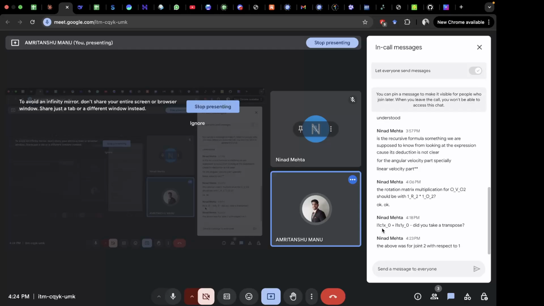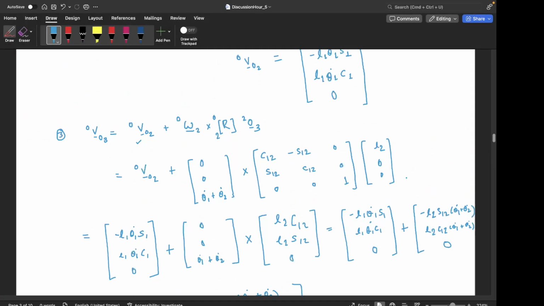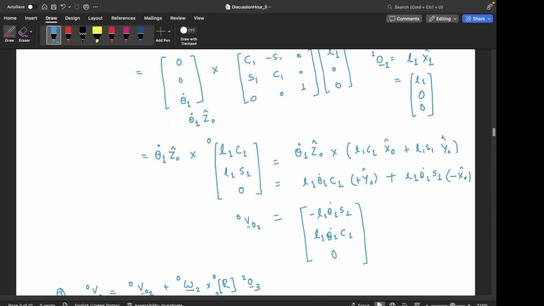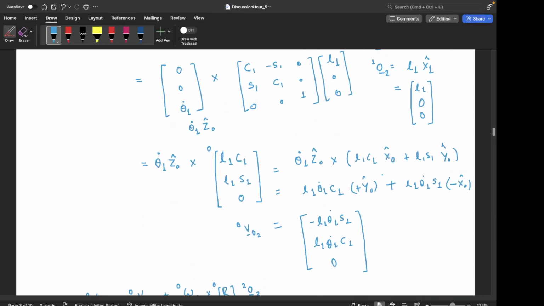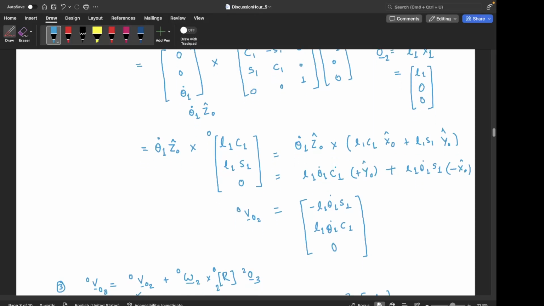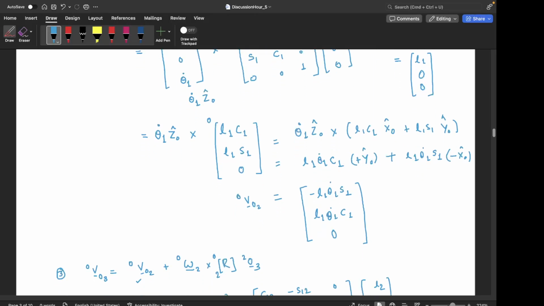L1 C1 x0, right? This is the first term of this vector. When you do cross product of theta 1 z0 with this term, the scalar parts get multiplied, so that is L1 theta 1 dot C1.